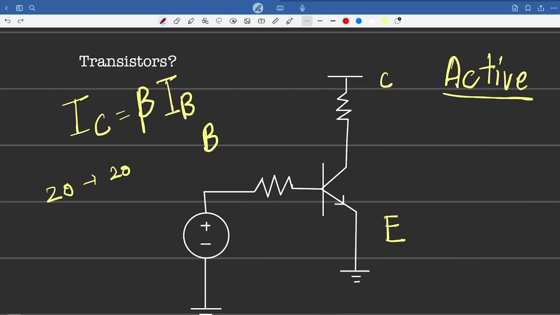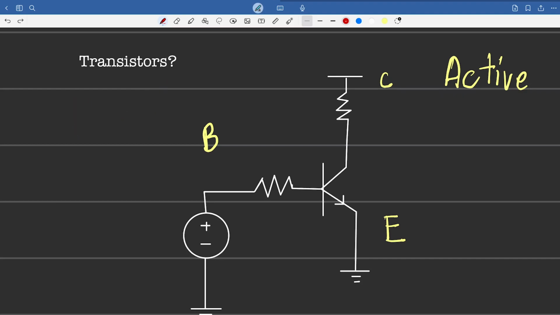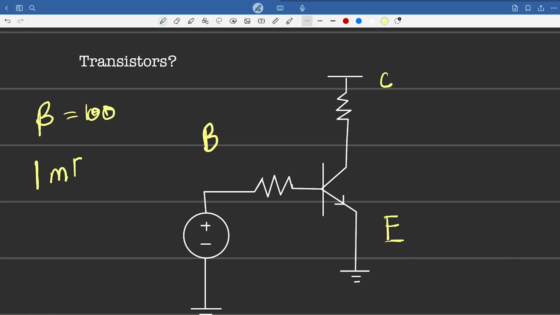Now, to better understand what happens in the active region, let me explain an example to make it easier. This is the emitter. Let's suppose that beta is 100. We set it as 100, right? And we say that the base current is, let's say, 1 milliamp.